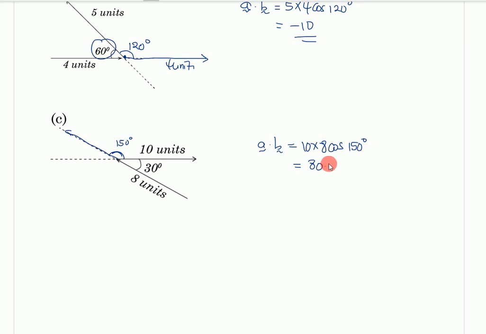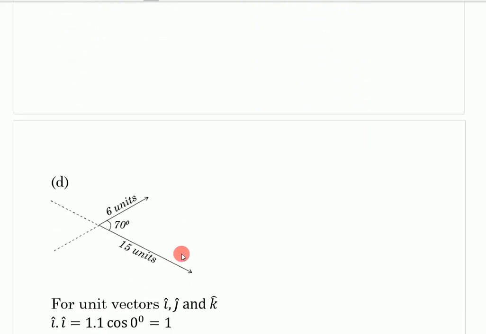This is 80 times negative root 3 over 2, that is the cosine of that. And we have the final answer as negative 40 root 3. That is what we have as the dot product of these two.